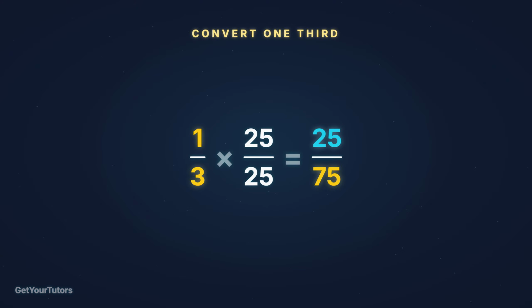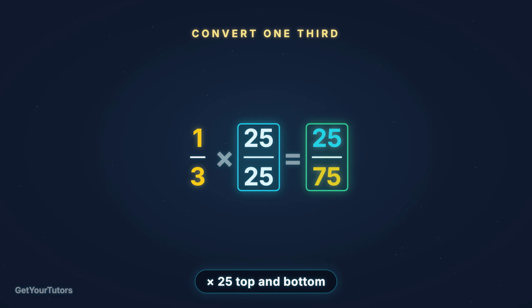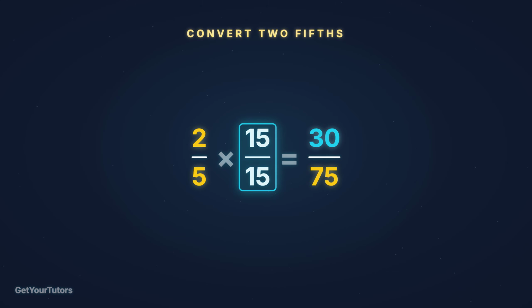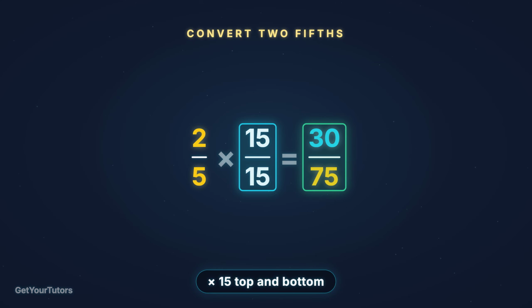Convert 1/3 by multiplying top and bottom by 25. It becomes exactly 25 over 75. Multiply 2/5 by 15, top and bottom. This transforms into exactly 30 over 75.